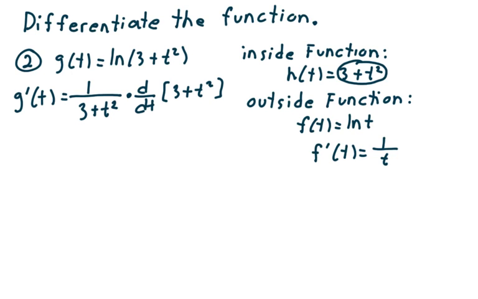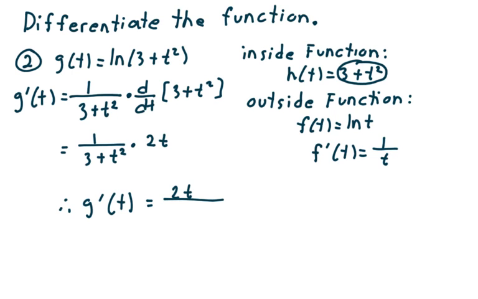That's chain rule. And so this is 1 over 3 plus t squared times 2t. And so therefore, g prime of t is 2t divided by 3 plus t squared. And that's number 2.